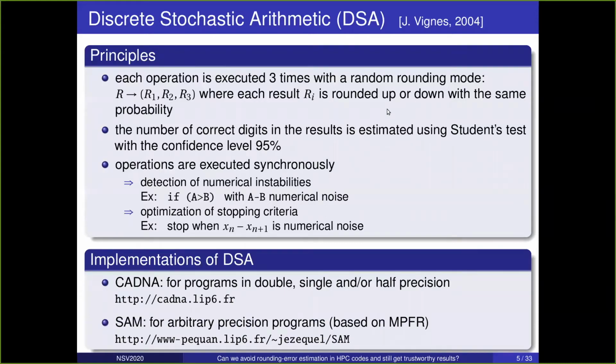implemented in the CADNA library that can be used to control accuracy in programs that use double, single, or half precision variables. And it can be used also in programs that use arbitrary precision to solve unstable problems.